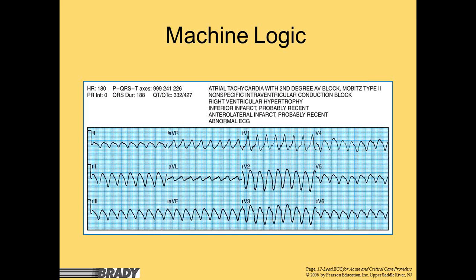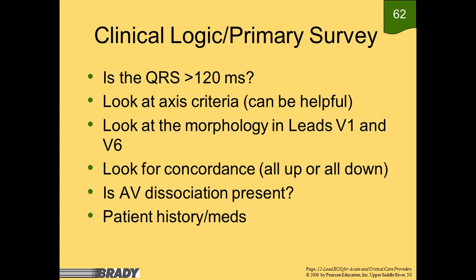But the interpretation from the machine says it's atrial tachycardia with a second degree AV block, a Mobitz type 2, nonspecific interventricular conduction block, a right ventricular hypertrophy, you guys know I love that word, inferior infarct, probably a recent anterior lateral infarct, and probably a recent abnormal EKG. Duh. I think it definitely missed the boat on this. So we can't go with that. We're going to have to go with our own brain on these.